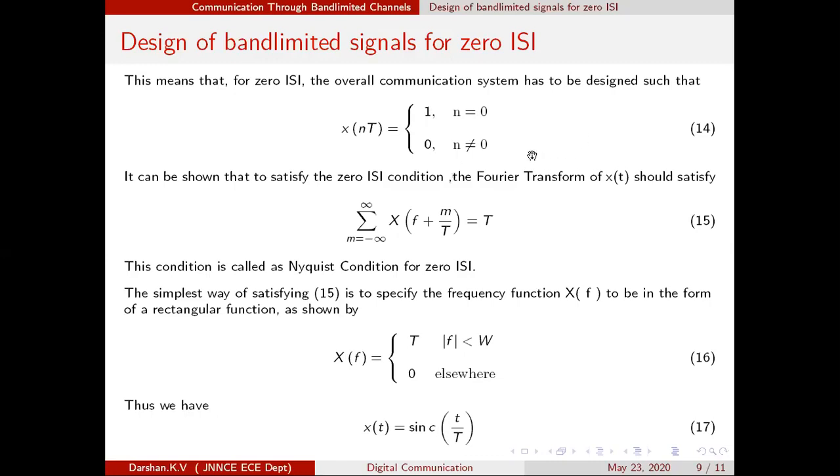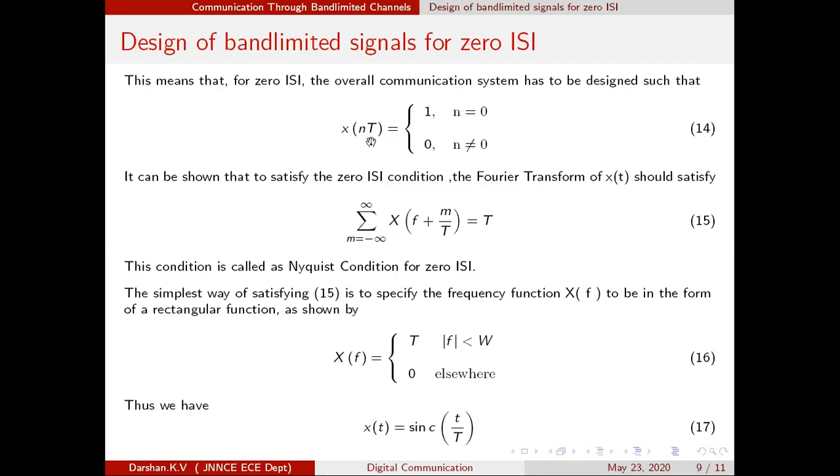This is the very basis, the fundamental concept of this particular chapter for 0 ISI. To achieve 0 ISI, as per the previous explanation, the samples of x should be such that at n equal to 0, the 0th sample should be 1, and all other sample values should be equal to 0. And remember, when we say sample values, we are taking the samples at every capital T seconds.